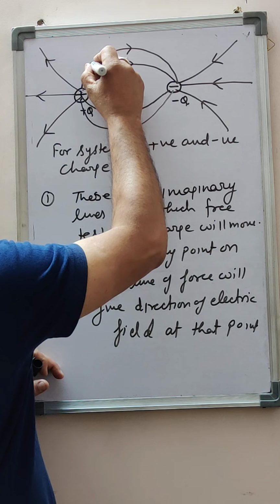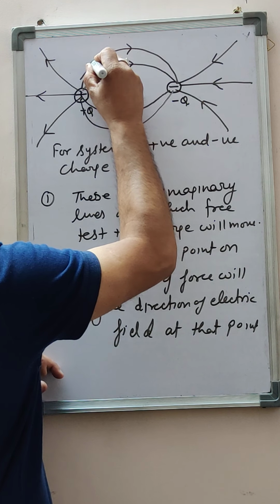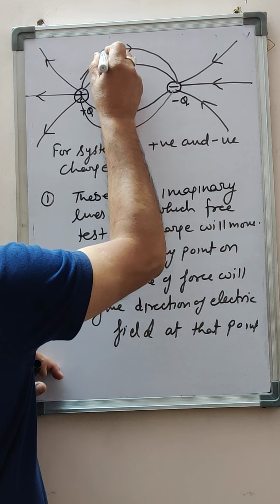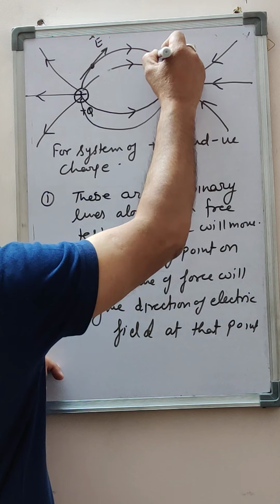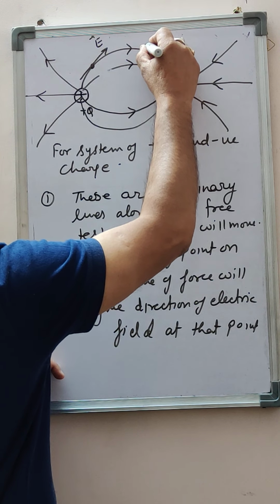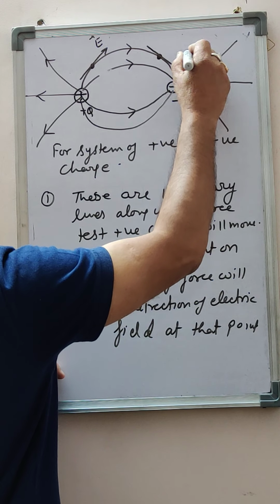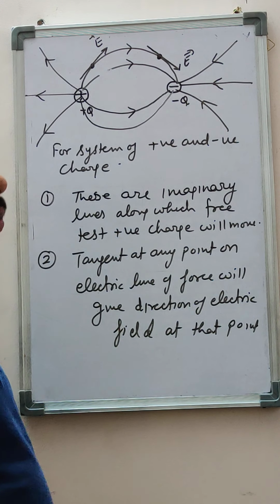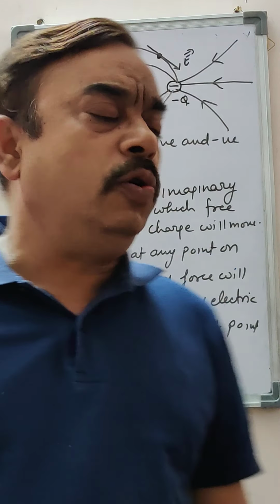Now if you draw a tangent over here, then this tangent will give the direction of electric field at this point. If you draw a tangent over here, this will be the direction of electric field. If you draw a tangent at any point on electric line of force, that will give you the direction of electric field.